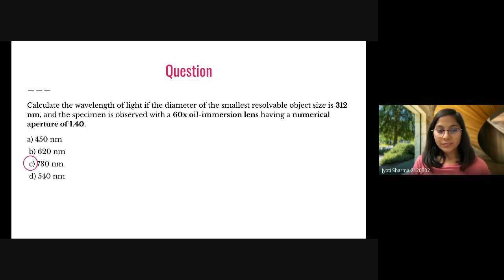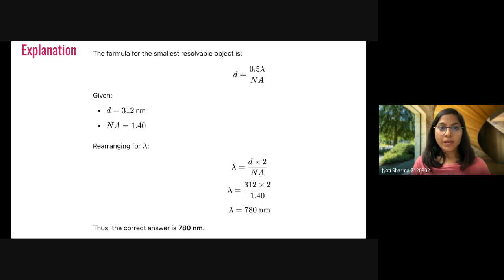We have a very easy formula, and that formula is d, the distance between 2 points, and this distance is equal to 0.5 multiplied by the wavelength divided by the numerical aperture.